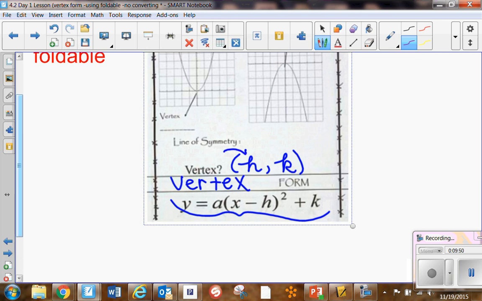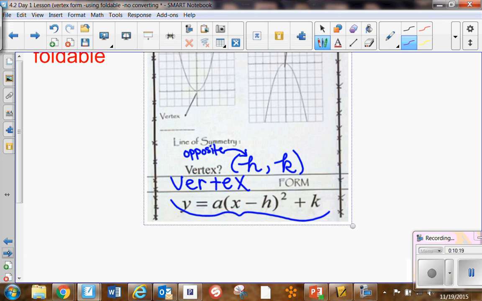So you might want to put a little arrow here to remind yourself it's the opposite of what's in the problem. And then k is exactly what it is out here. H and K. So on these problems today, when we're graphing from the vertex form, we don't have to do that whole negative b over 2a thing, because the vertex is staring at us.